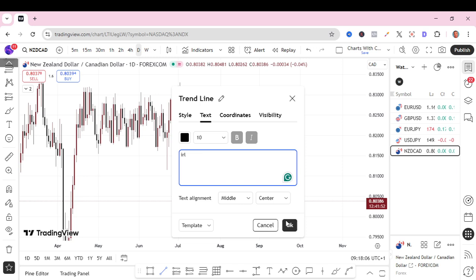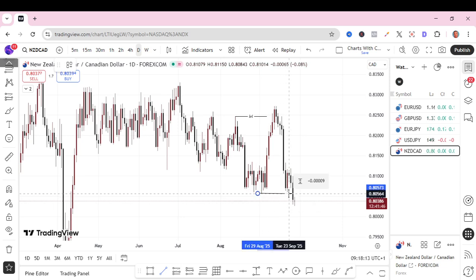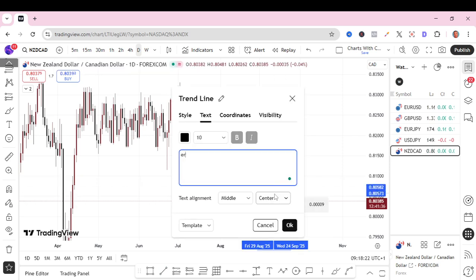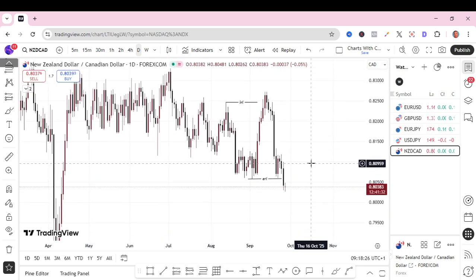Internal range liquidity taken, now price is coming for the external, which is this low. So this is the external range liquidity I had in mind that price was coming to take out, right?